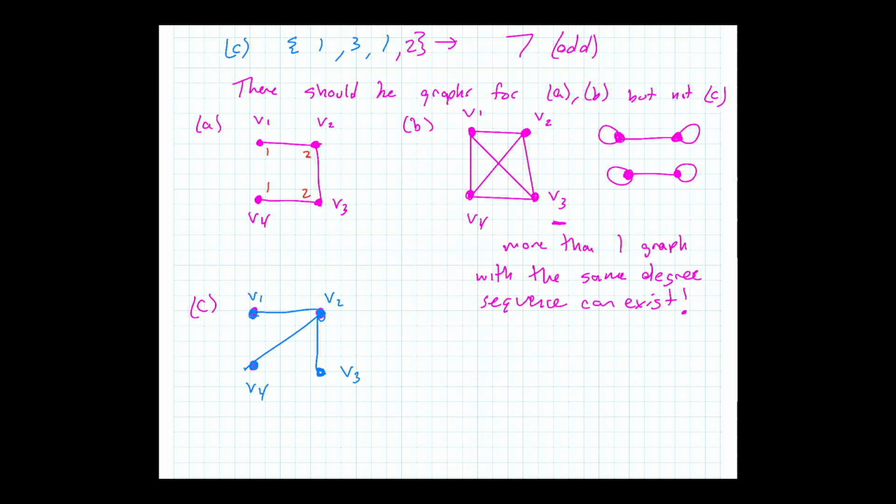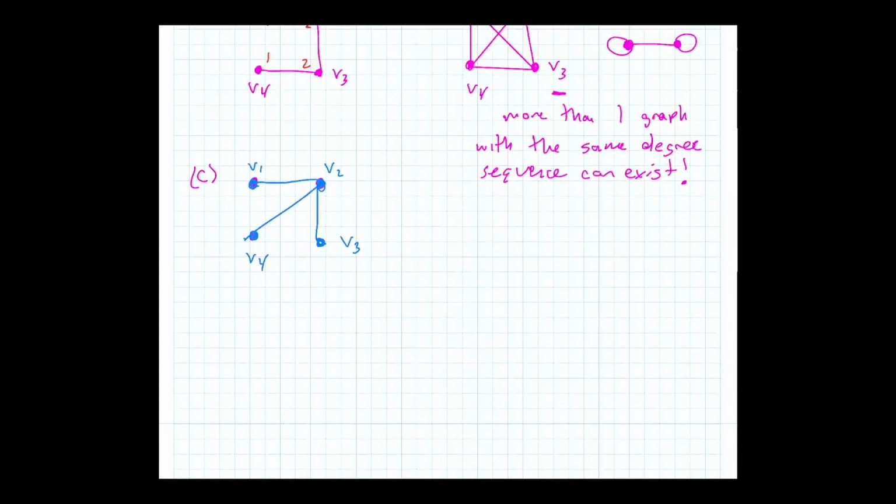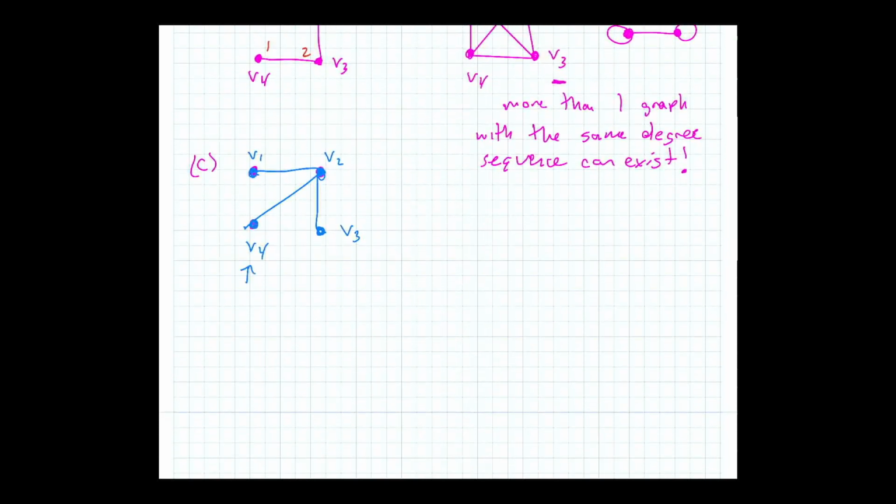And when you get here, what you discover is that there's no way to make V4 have degree 2 without messing up the degree of one of the other vertices.